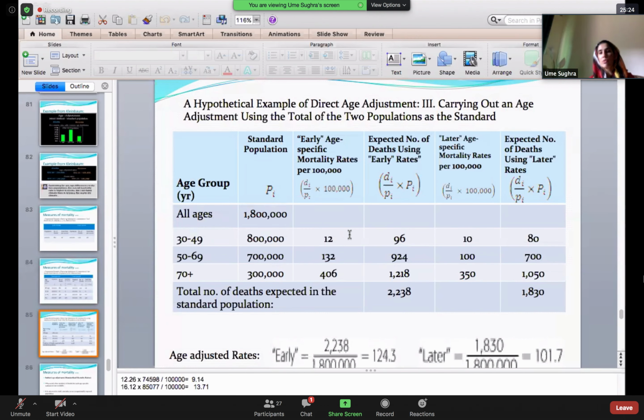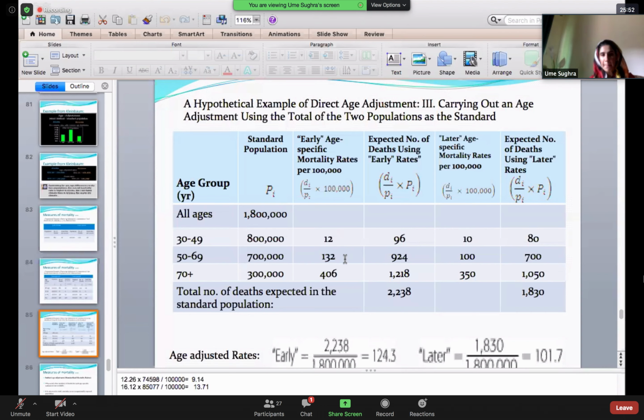But we made use of those observed number of deaths, and we applied them onto the standard population, and we got these numbers for the early periods. You calculated, you got these numbers yourself, from the calculations that we just did.